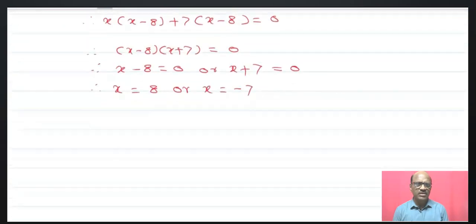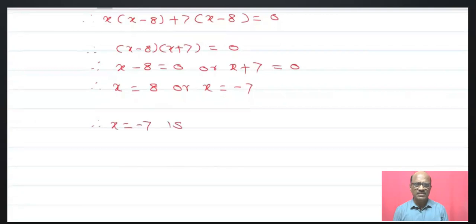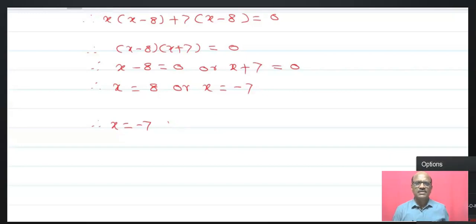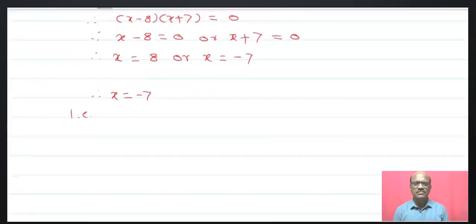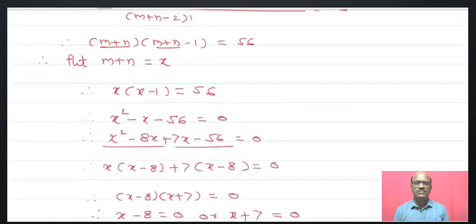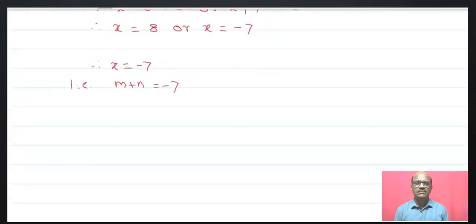x is equal to 8, or x is equal to minus 7. x is equal to minus 7 is not possible. Therefore, we take x is equal to 8. That is not possible.